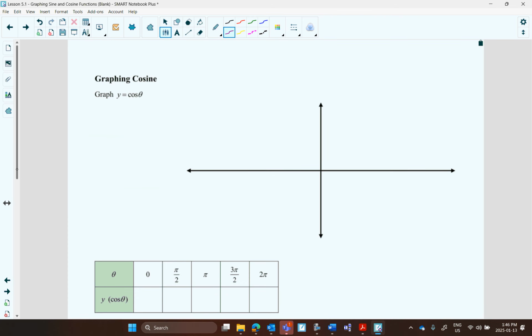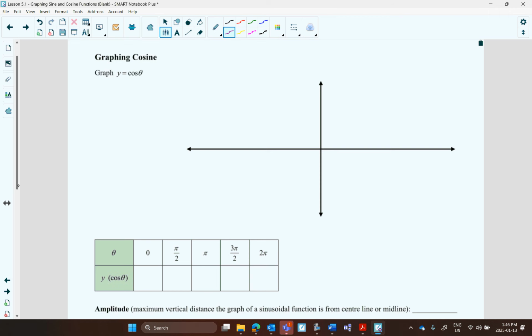Let's look at cosine. So again, we saw what it looked like when we used the Desmos graphing calculator. Very similar to sine, a wave-like pattern, but just shifted slightly. So again, let's use our unit circle and start a table of values.